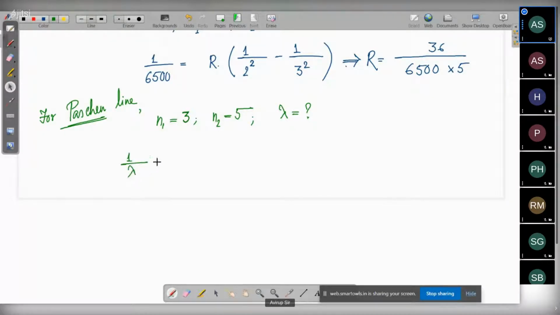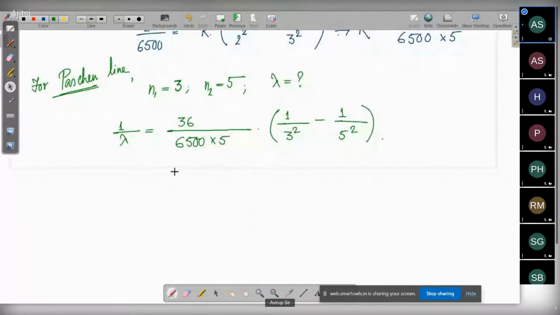So 1 by lambda is equal to R. R is 36 by 6500 into 5, into 1 by 3 square minus 1 by 5 square. Now we simply put the values and do it.